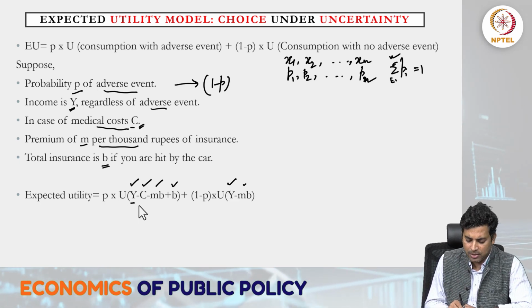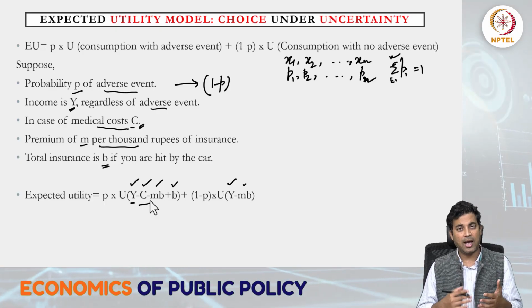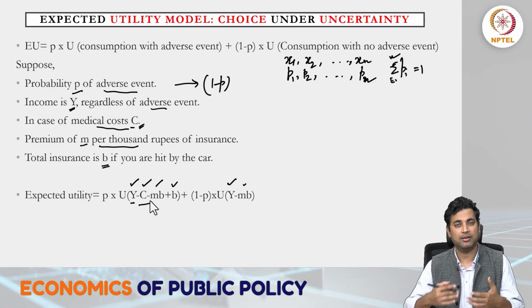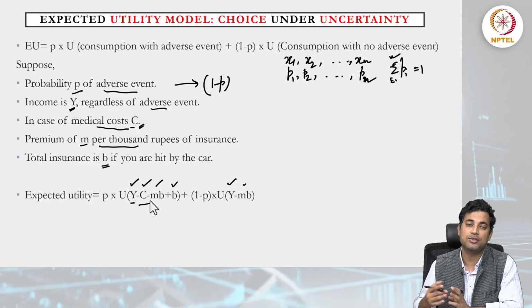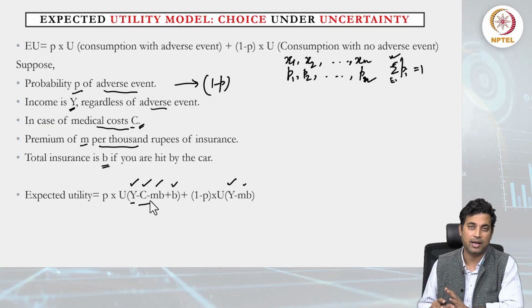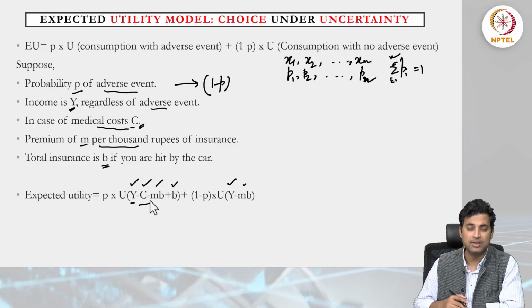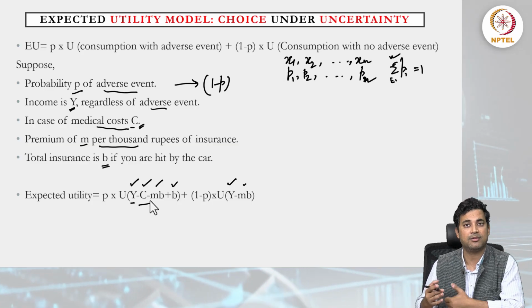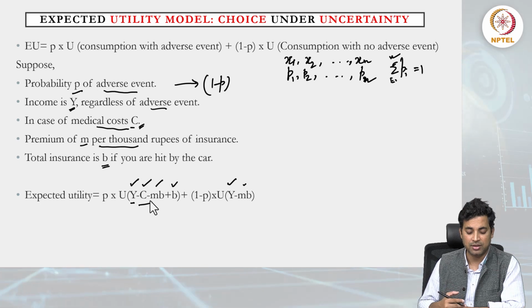We talk about consumption because after the insurance payment, my consumption depends on the amount that remains. Y is total income, and the entire amount of the insurance and any cost associated with the adverse event gets deducted, and the rest is the consumption.